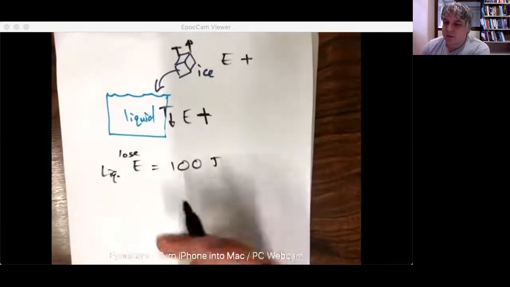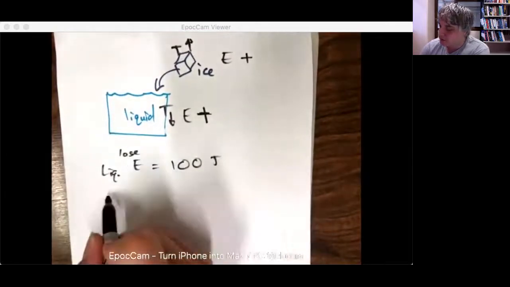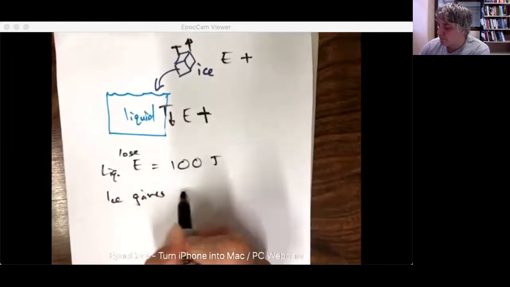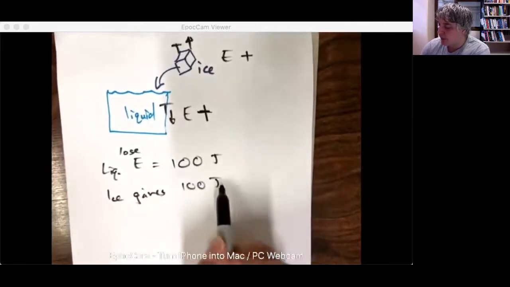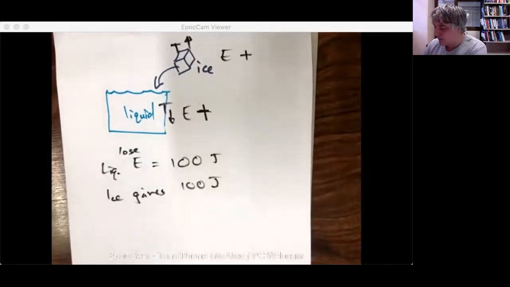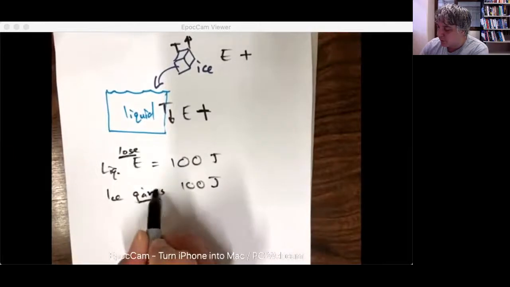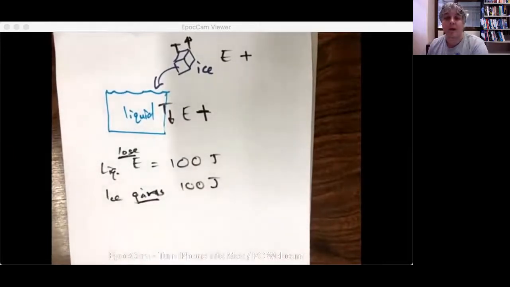The liquid loses 100 joules, and the ice gains 100 joules. I don't have to write one as positive and one as negative, because I am aware that I am losing from one and gaining from the other. So overall, I'm not going to have any change.